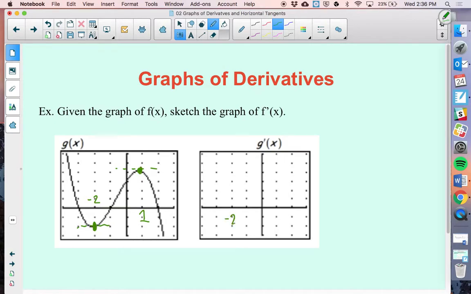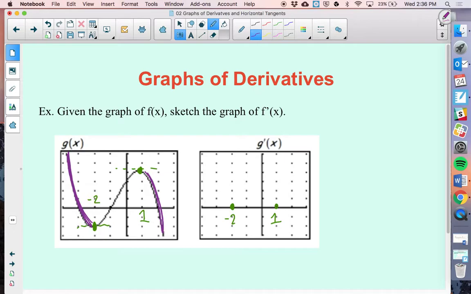Now, here my slope is negative, and here my slope is negative. So to the left of -2, I have a negative slope, and to the right of 1, I have a negative slope. That must mean that my derivative is below the x-axis, because those would be negative values for the derivative.